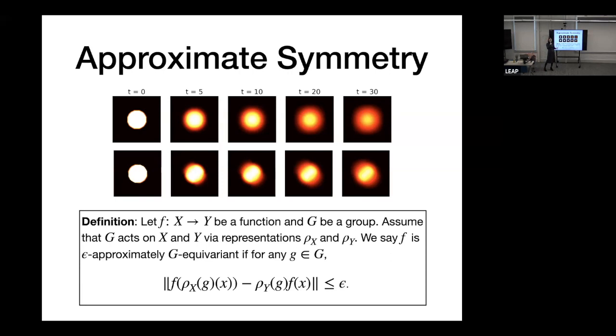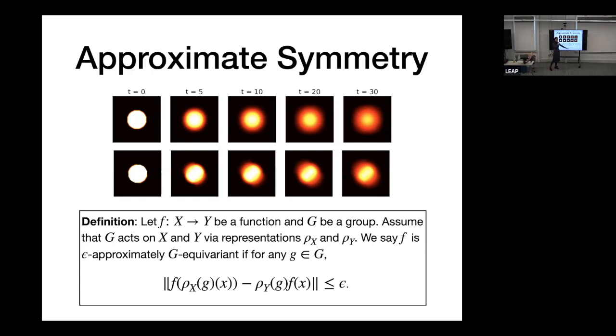And the way we relax it is actually very simple. Remember, we're learning a function f from input to output, and we have a group G, whose representation is denoted as rho. In the case of perfect symmetry, we know f of rho(g)x equals rho(g) of f(x).